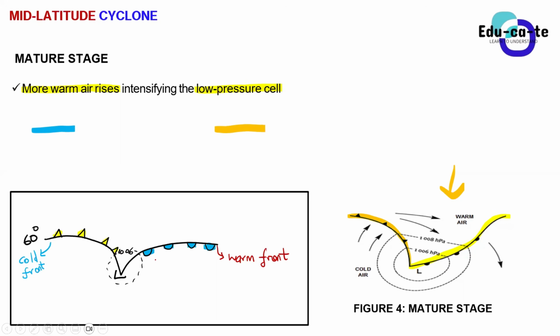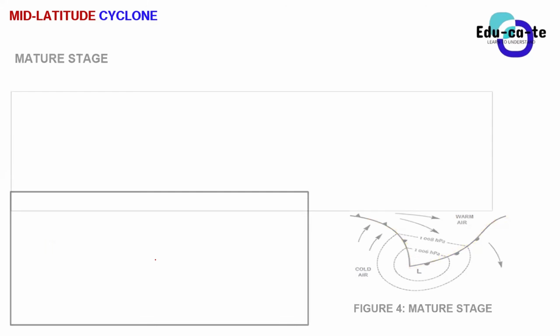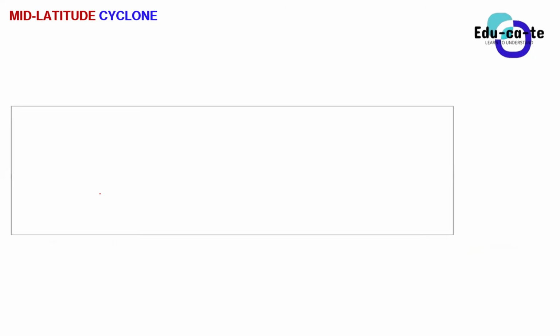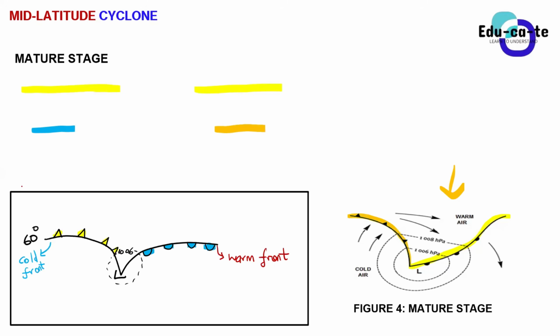So Trevor is asking if we're having the mixture of triangles and circles, is it still a polar front? Yes, it is still a polar front that is a wave shape, okay? If we are still having a mixture of triangles and circular shapes. But the moment we start having triangular shapes alone, it means that it's now a cold front. When you start having circular shapes alone, it means it's a warm front.